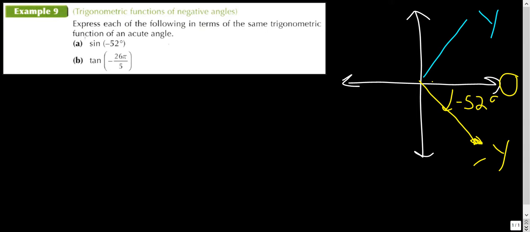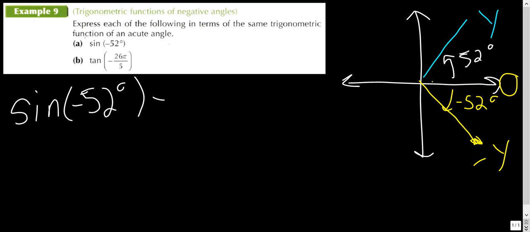Now, how do these relate? Going forward 52 is going to give us the opposite value of sine. So the sine of negative 52 degrees happens to be the same as the opposite of the sine of regular 52 degrees.